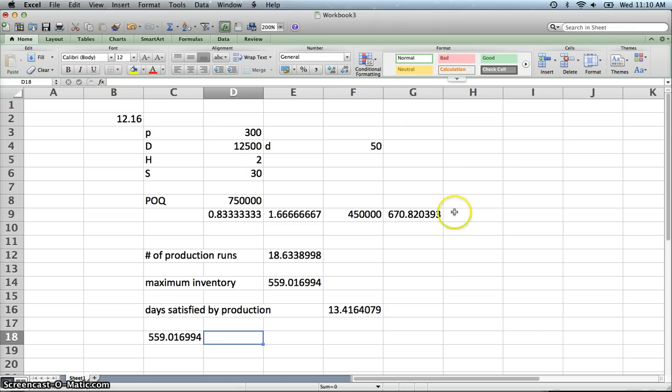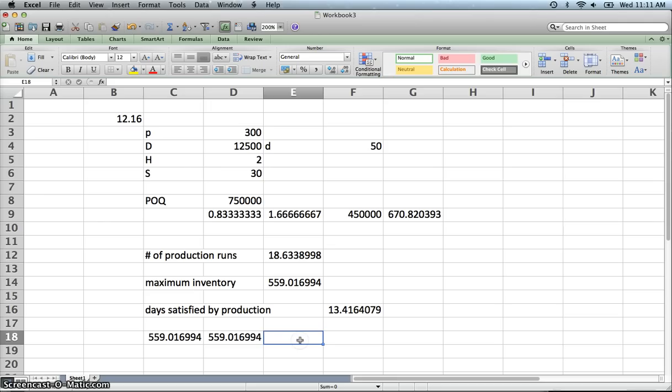Even though we produce 670, some of that inventory is sold off, so the highest we're ever going to store is this amount here. Half of the maximum inventory is the average, and we multiply that by the cost of holding.